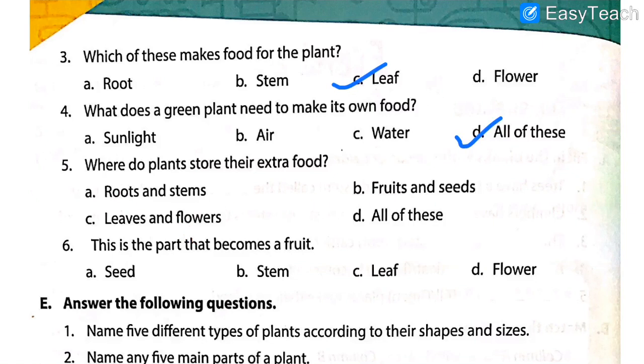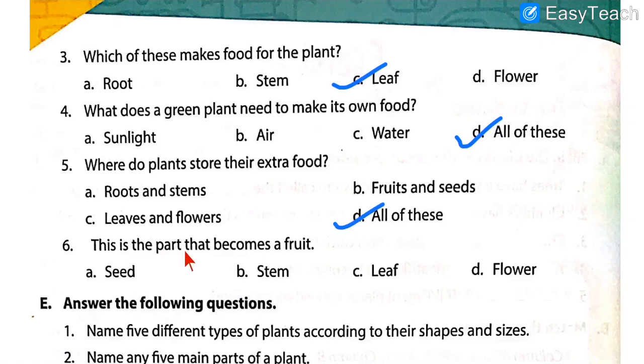So the last option, all of these, means all these 6 are correct. That means option number D, all of these, that is the correct option. Because plants store extra food in all these 6 parts, so we have to mark the last option because it says all of these, which means A, B and C, all the 3 options are correct.